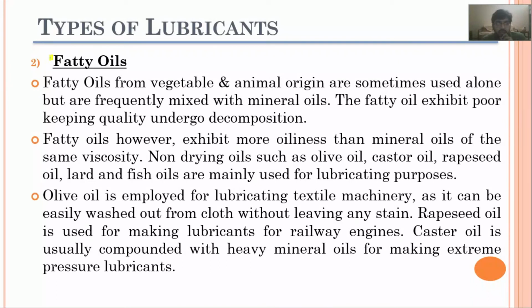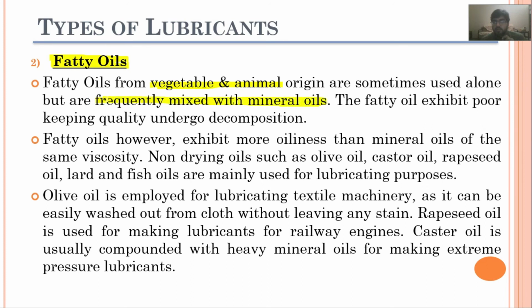Next we have the fatty oils, and as I explained briefly earlier, fatty oils are being made from vegetables and animals, and sometimes they are being used alone, but most frequently they are being used with the mineral oils.